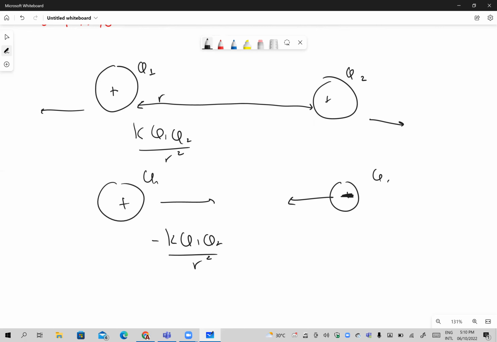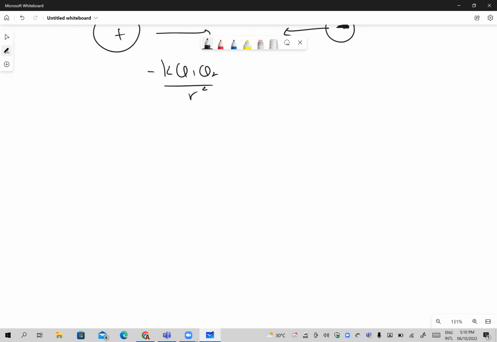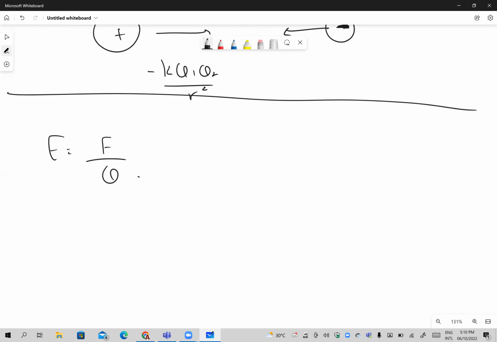Now, electric field strength. I had a discussion of electric field strength yesterday, that electric field strength is force per unit charge.